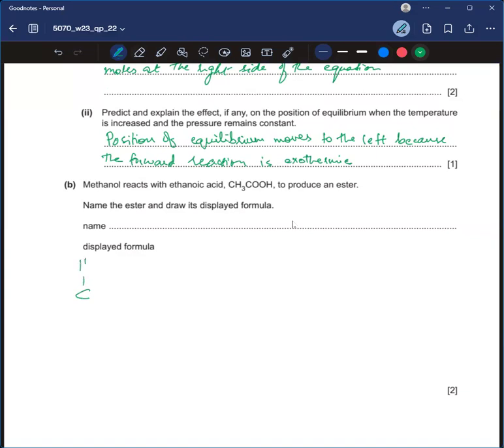We don't need to draw methanol or ethanoic acid.